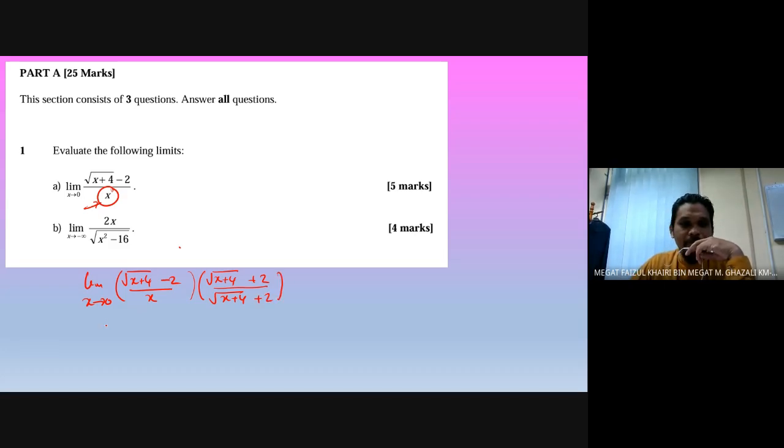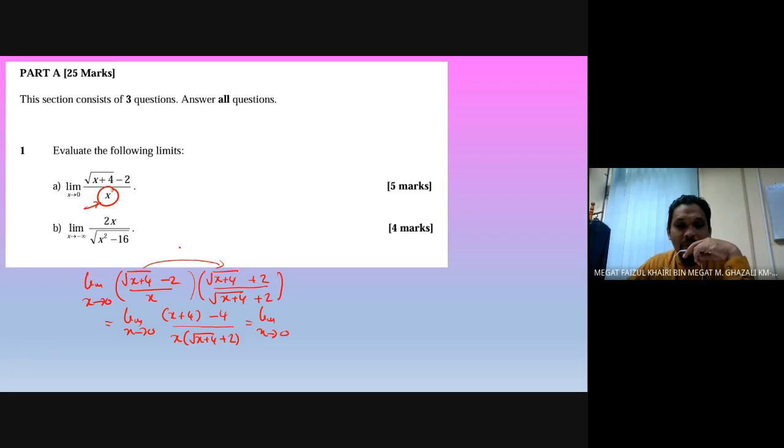Okay. So then limit of x approaching 0, square root of x plus 4 multiplied with square root of x plus 4 gives you x plus 4. Yes, it's a conjugate, so it means that this multiplied with 2 and negative 2 times with this is cancelling each other. Then negative 2 times 2 equal to minus 4, divided by x times square root of x plus 4 plus 2.